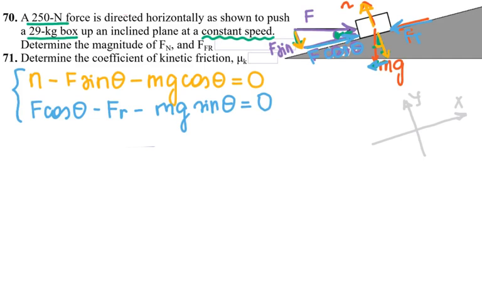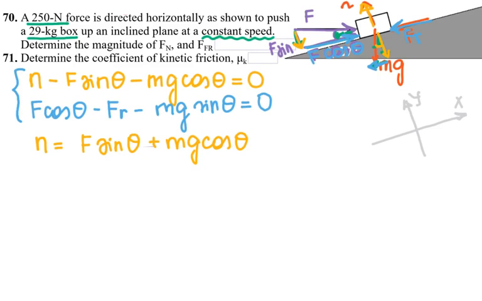Then let's solve for the normal force, the top equation. So if I solve the normal force, I have the normal force is equal to F sine theta plus mg cosine theta.